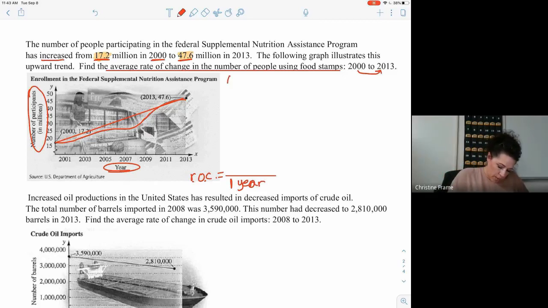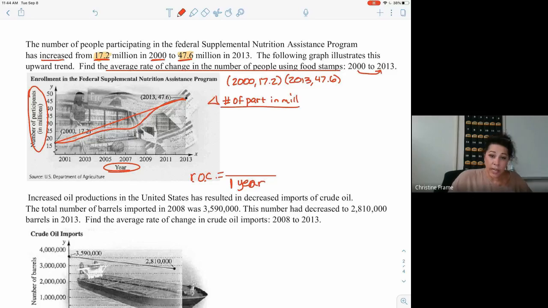So we have these 2 points: at 2000, that's your x, we were at 17.2 million, and in 2013, you were at 47.6 million, right? And so we're looking for the change in number of participants over the change in years.